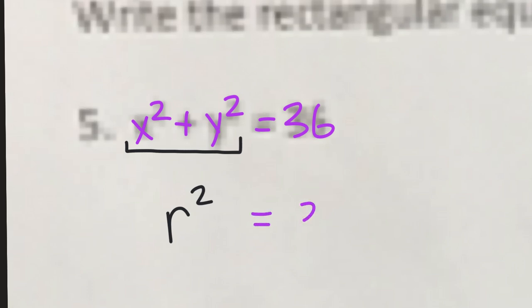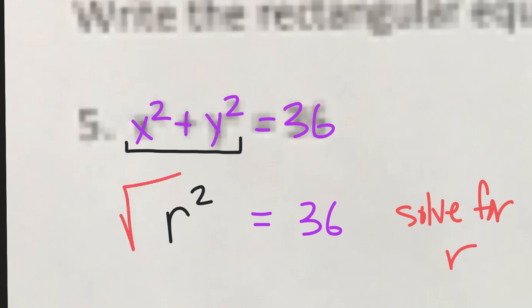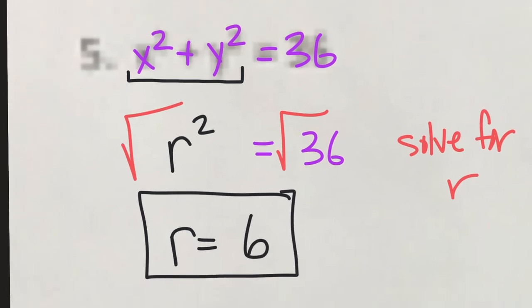That is a true polar equality, that the radius squared is the hypotenuse of a right triangle, so it equals the x coordinate squared plus the y coordinate squared. And now to solve for r, we simply have to square root both sides. And we get a final answer of r equals 6. This is the radius of the graph of a circle with a radius of 6.